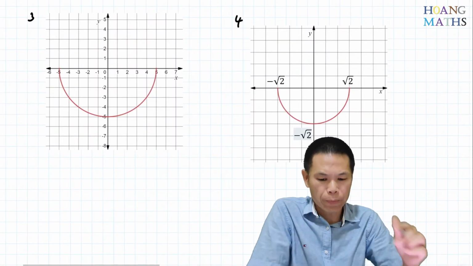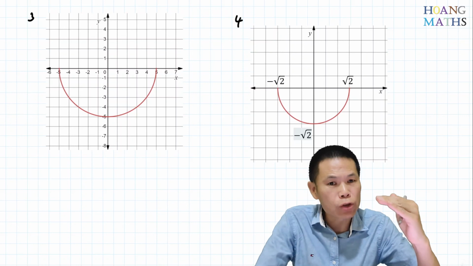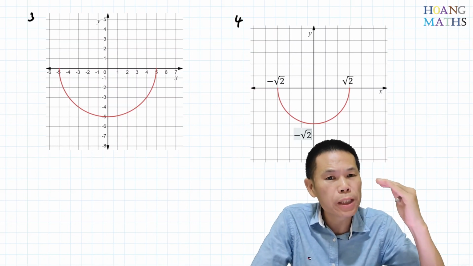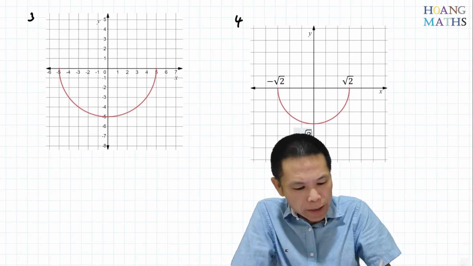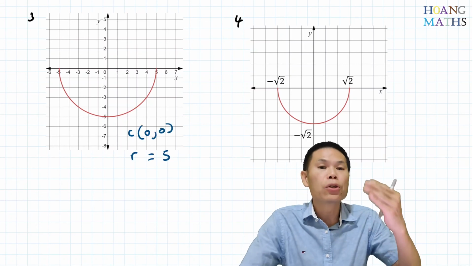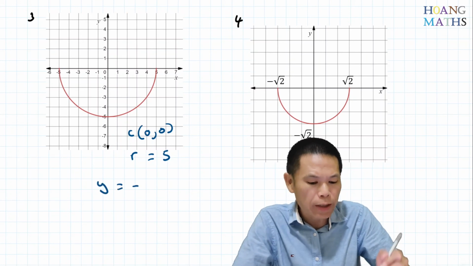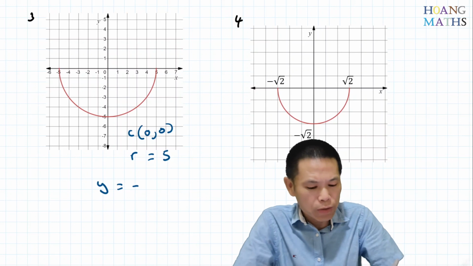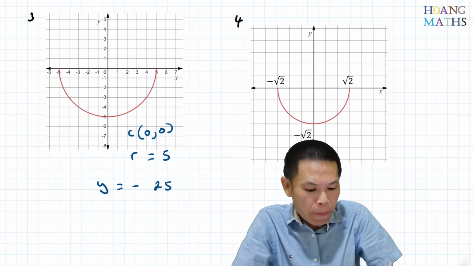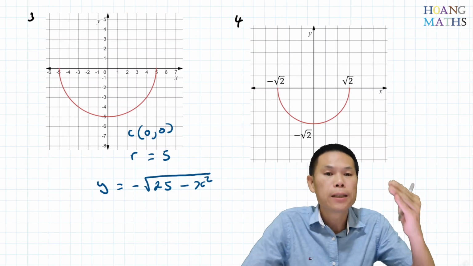Now third one. Again, it's below the x-axis. So therefore, the equation should be negative. And the center of this is 0, 0. And the radius is 5. So therefore, we have y is equal to negative the square root of r squared, which is 5 squared, 25, minus x squared. So this is the semicircle.